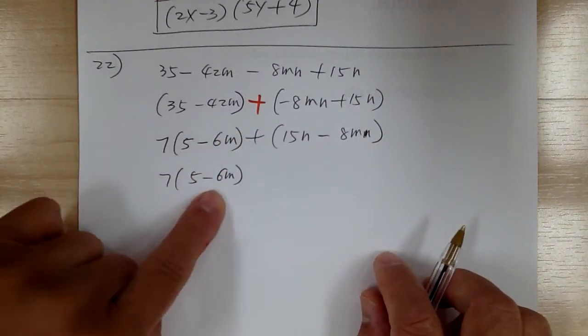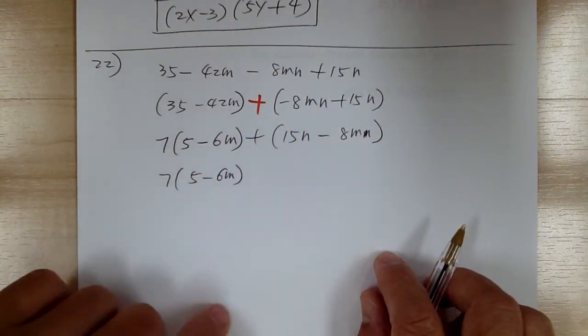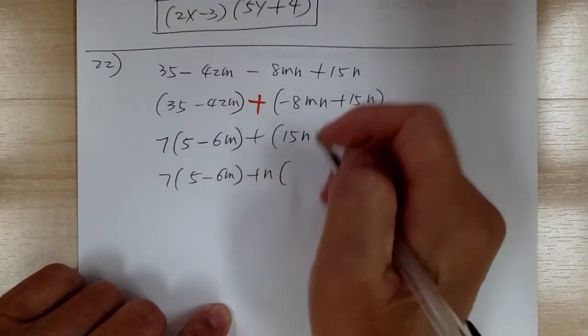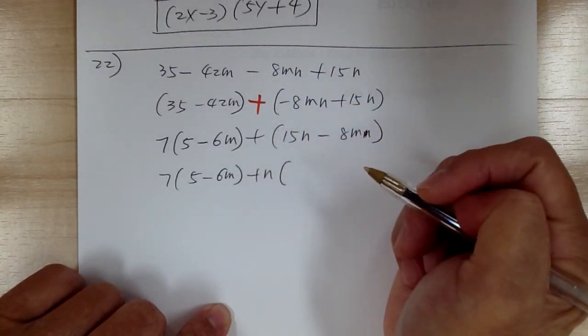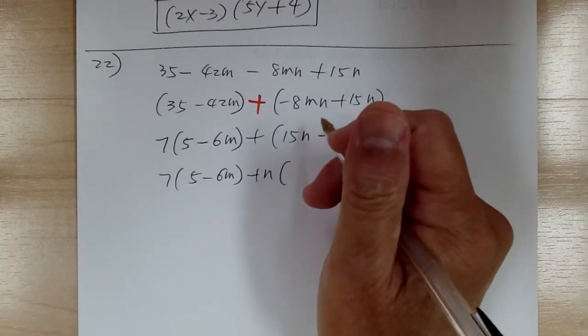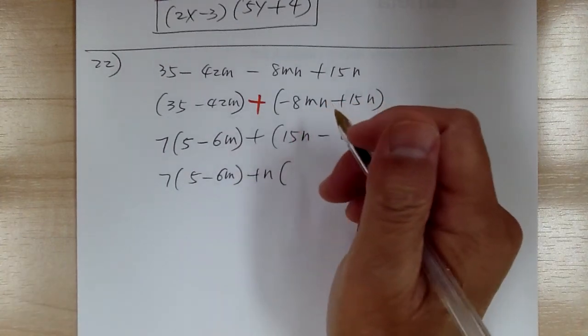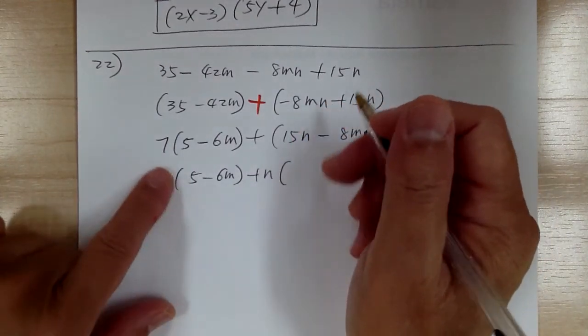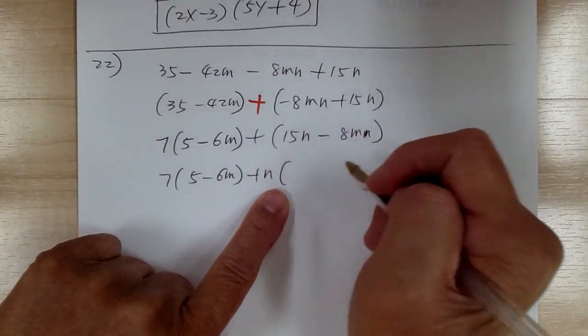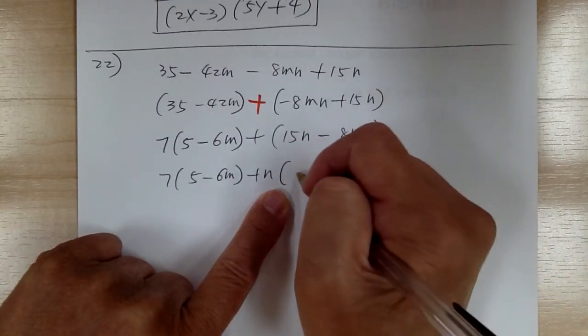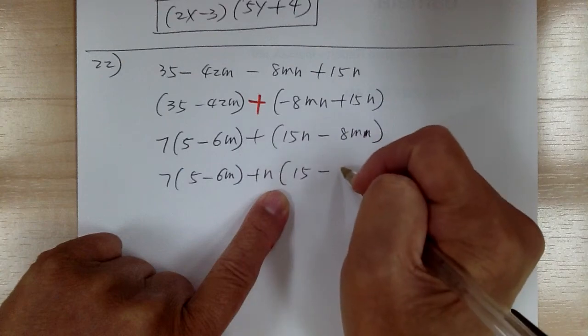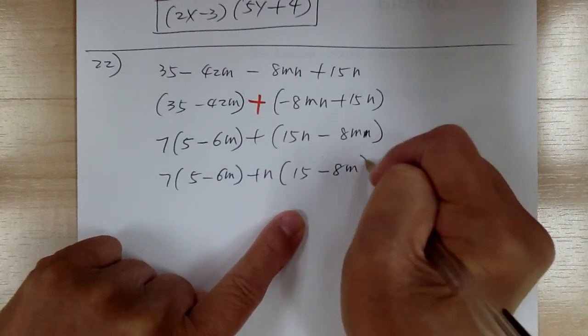Okay, so this one you can factor the n. So you're going to get 15 minus 8m.